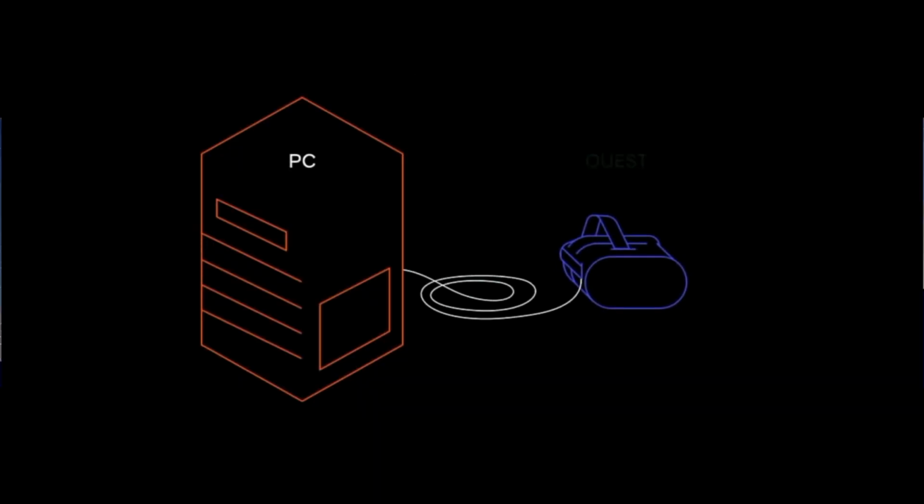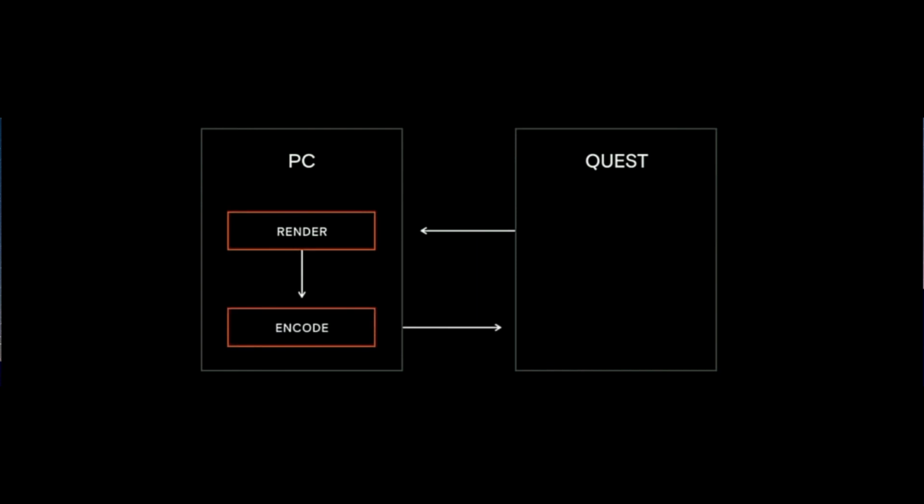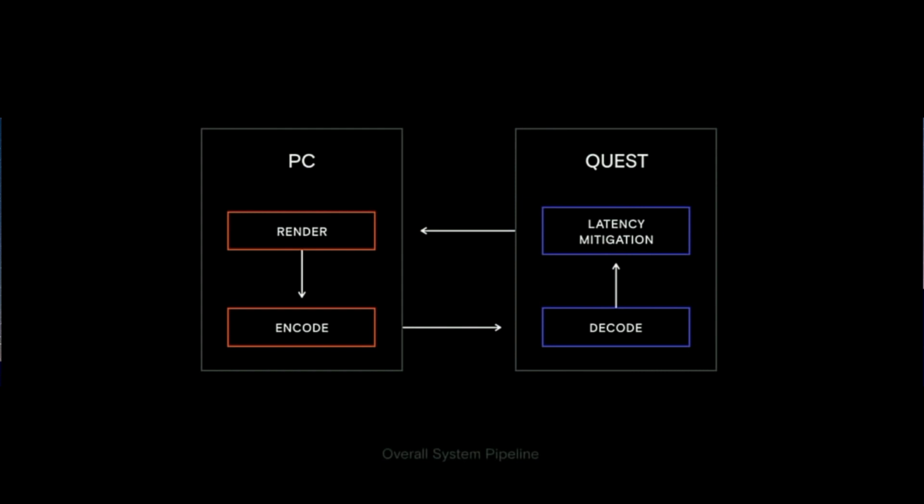So how is Oculus Link different? Oculus Link is an update to the Quest software that allows users to play PC VR games via a USB cable. It creates a pipeline that utilises your gaming PC to render the graphical information, encode that information, then stream it down the pipeline, your USB cable, to your Quest, which then uses a custom decoder to decode the data so that it is ready to view, and finally process the data using latency mitigation to reduce the delay or latency.